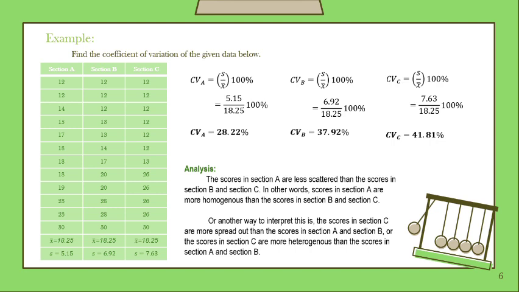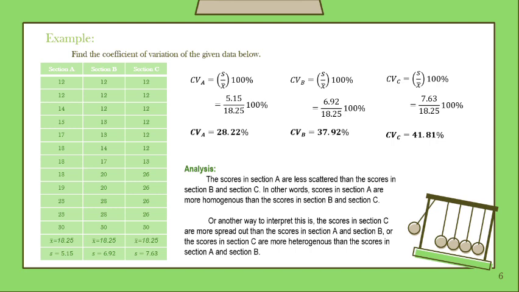First is the coefficient of variation of section A. Gamit yung formula, standard deviation over the mean value times 100%. Ang standard deviation ng section A is 5.15 and ang mean value is 18.25, multiply mo sa 100%, that would be equal to 28.22%.